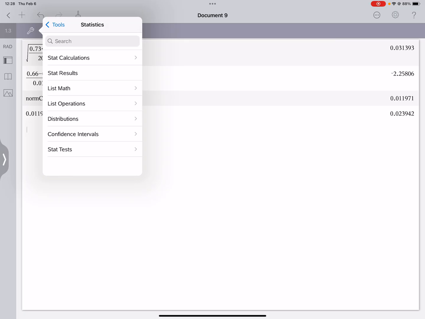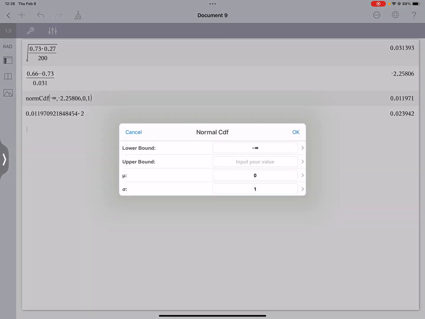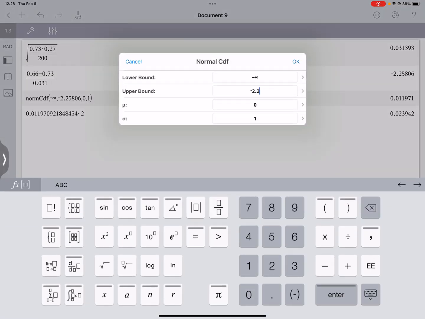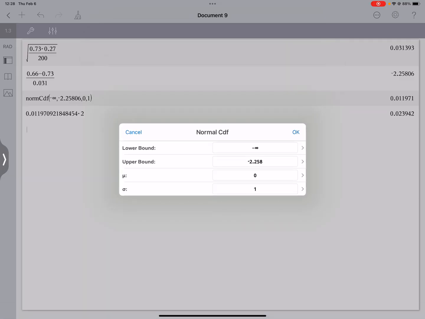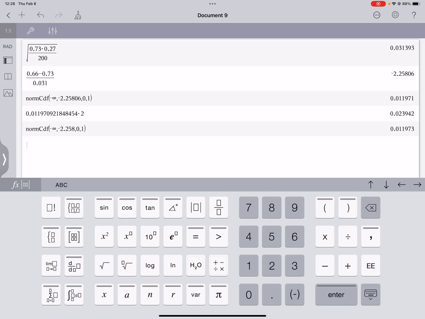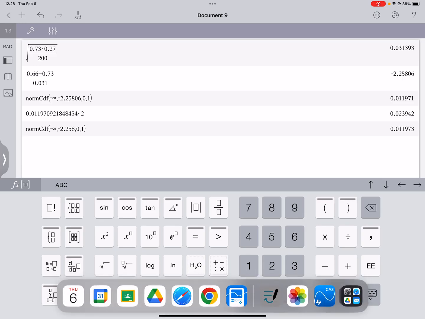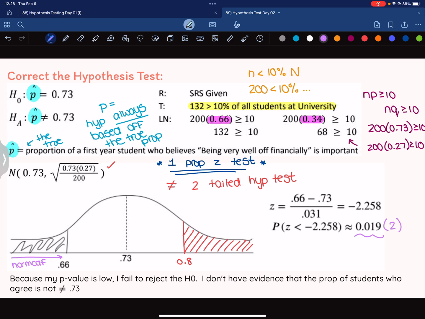Stats, distributions, norm CDF. Let's say I put in that negative 2.258 like the person did. Enter. No, they still got about the same. So it looks like they were missing a 1 that I almost missed. So this should technically be 0.0119 times 2.